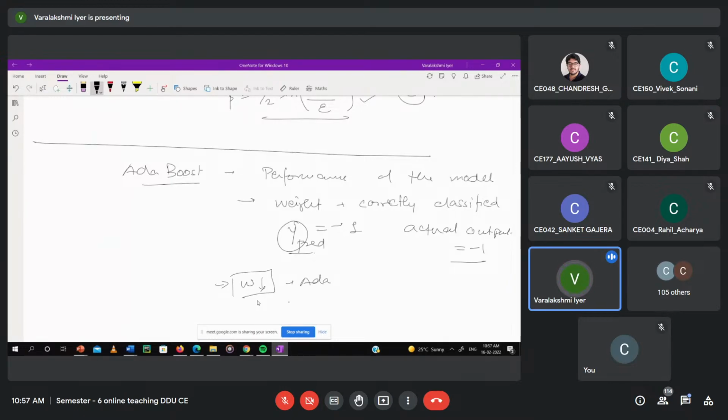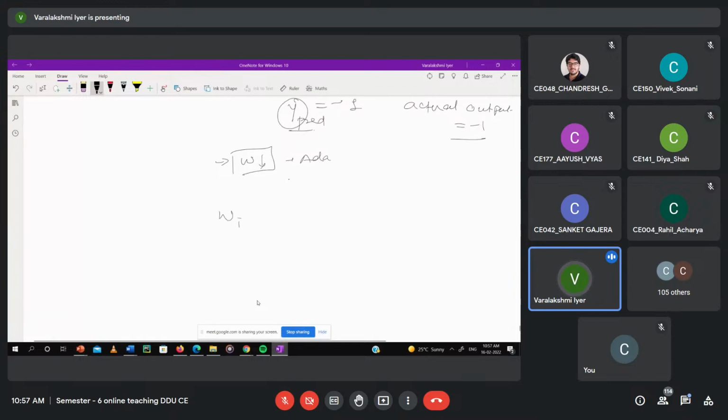The weight update formula for the AdaBoost algorithm was something like this: weight i plus 1 is equal to wi into e raised to minus performance into y predicted into y actual. This was our weight update formula. So what is given to you here?